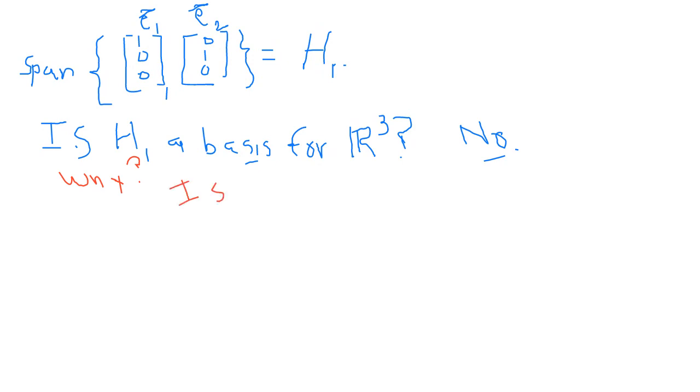Well, let me ask you this. Haley says any vector in R3 without a 0 for its third entry cannot be created through a linear combination of those two vectors, E1 and E2. Excellent, Haley. That's exactly right.